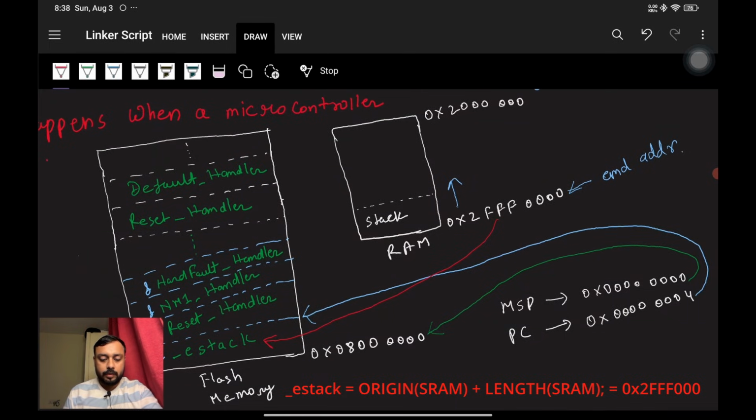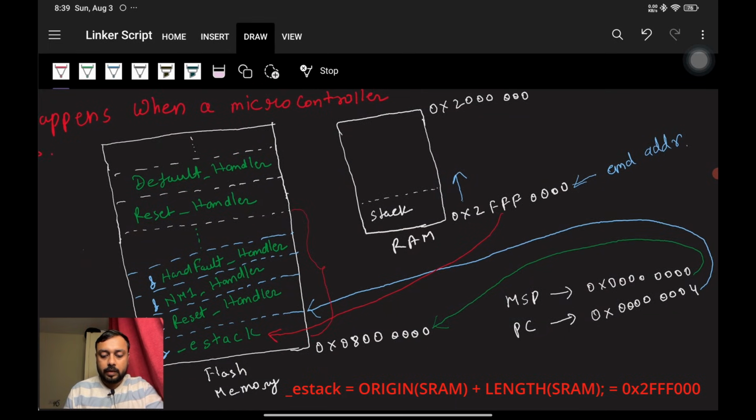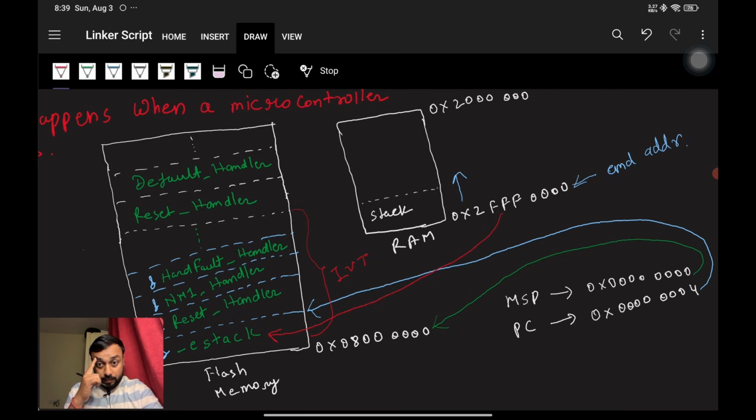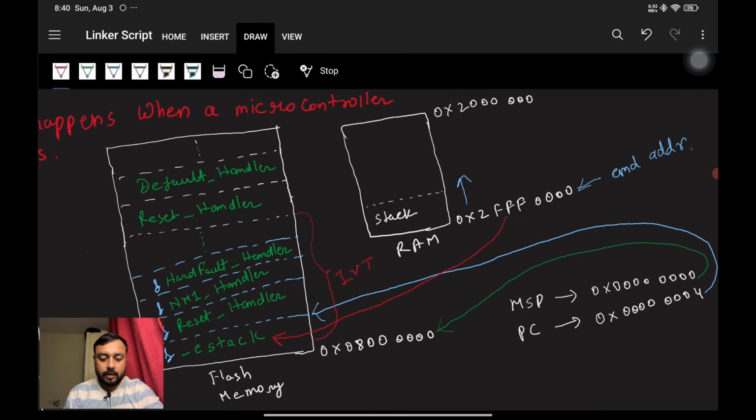Also, this area is nothing but the interrupt vector table. And in the interrupt vector table, what do we have? We have the addresses. We have the address of the reset handler, the address of the NMI handler, so the addresses of different ISRs.